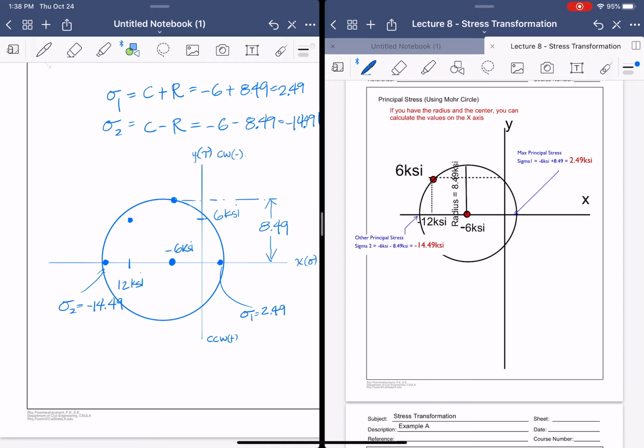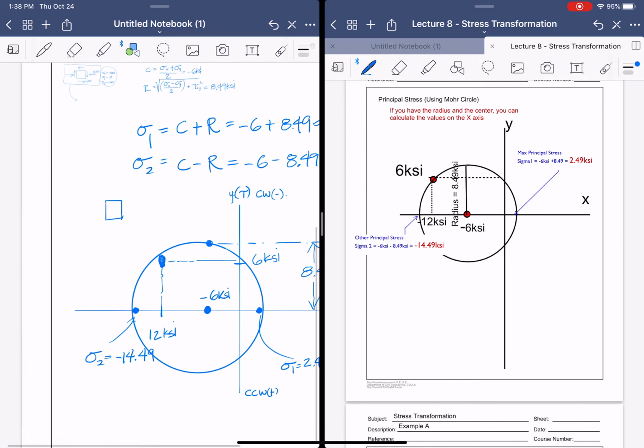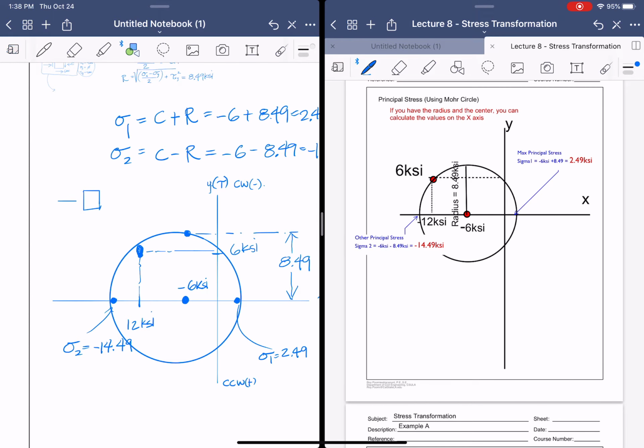So really what happens is that that's on the circle. This location is our original problem where we had our box, right? And then we had a load here, load there, right?